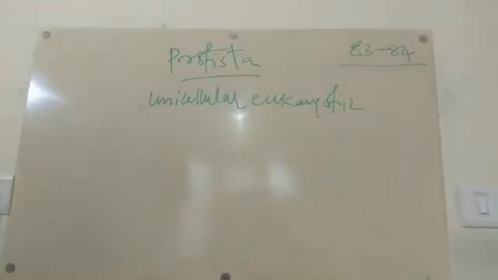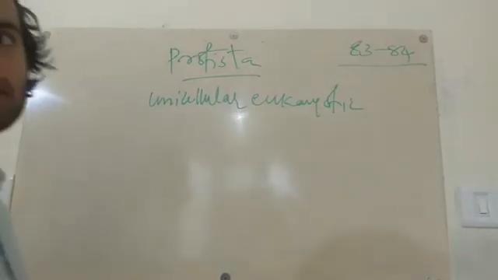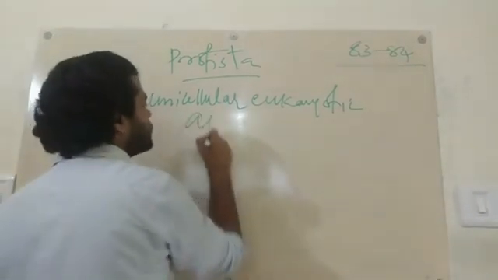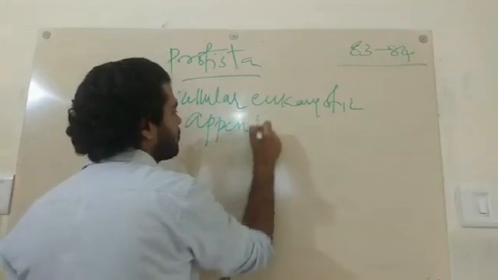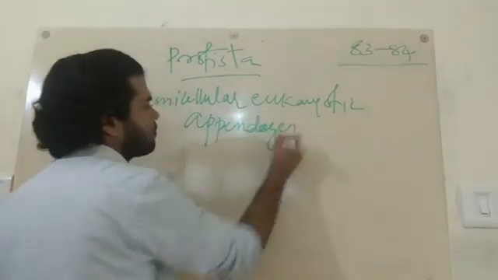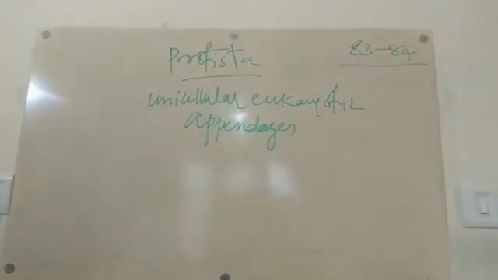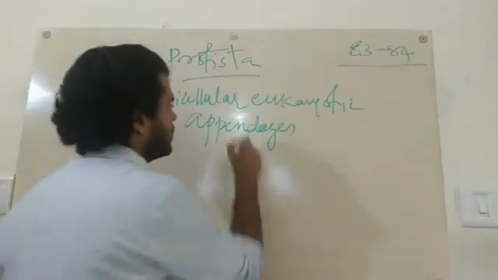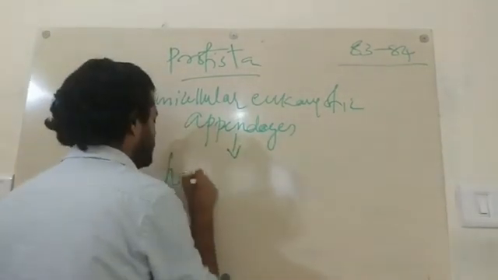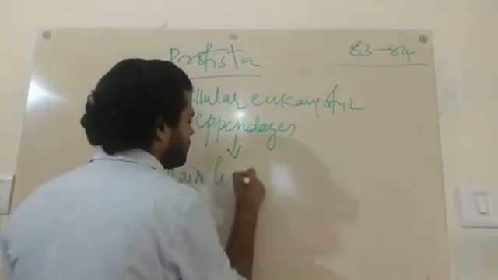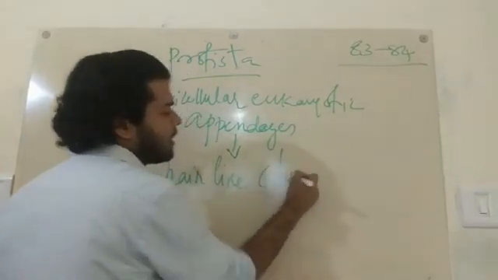Unicellular eukaryotic organisms, and some of these organisms use appendages such as hair-like cilia, or flagella, isn't it?